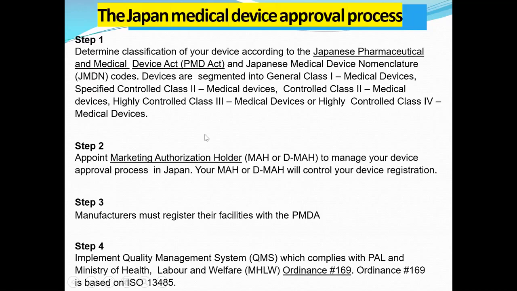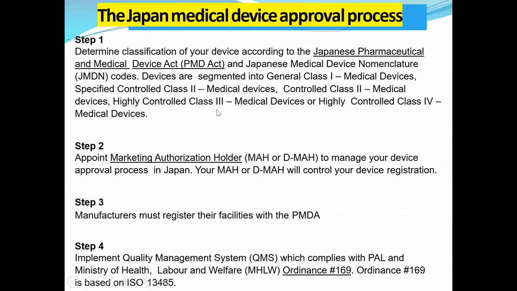As we saw in the previous slide, you have to classify your own device as per this Act and these codes, to see which category you fall under, whether class 1, 2, 3 or 4. Then appoint a Marketing Authorization Holder, that is MAH, to manage your device approval process in Japan.